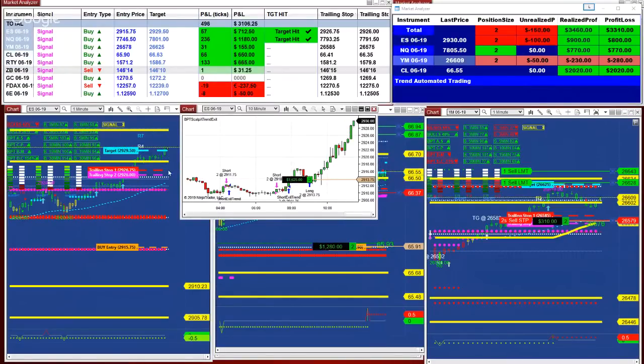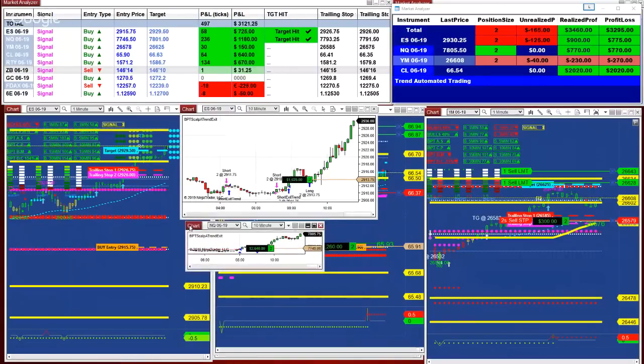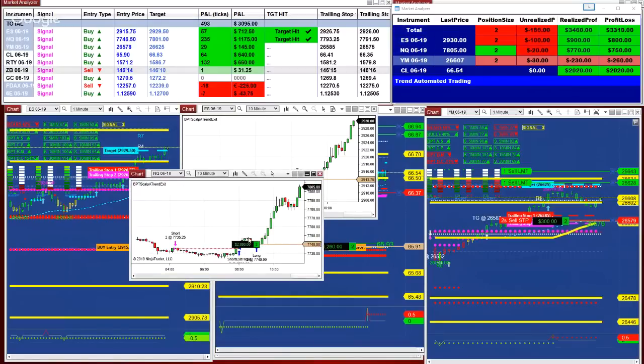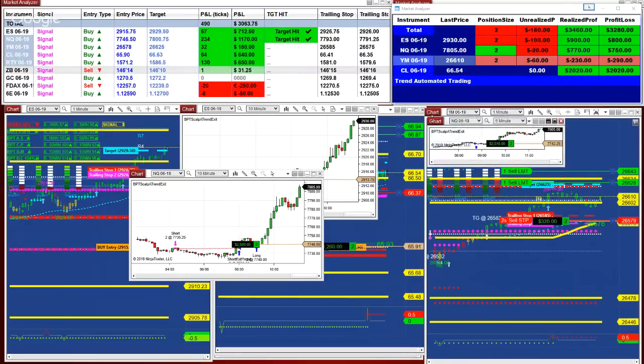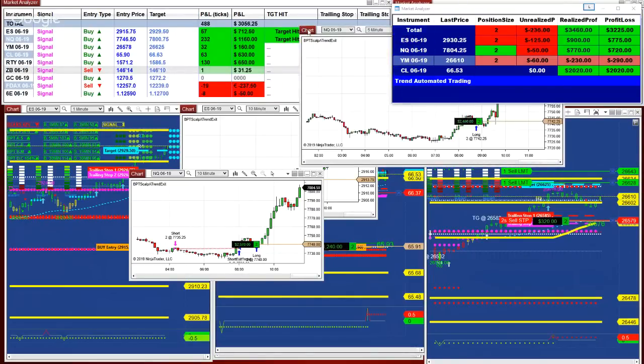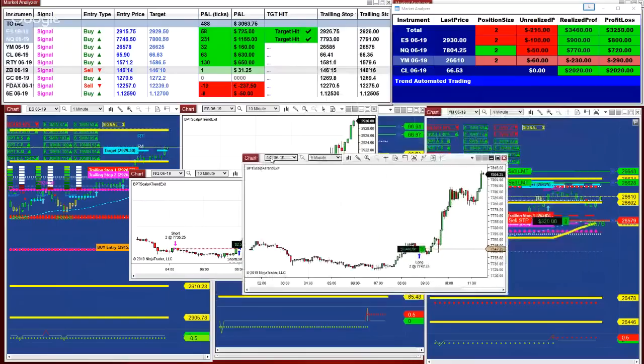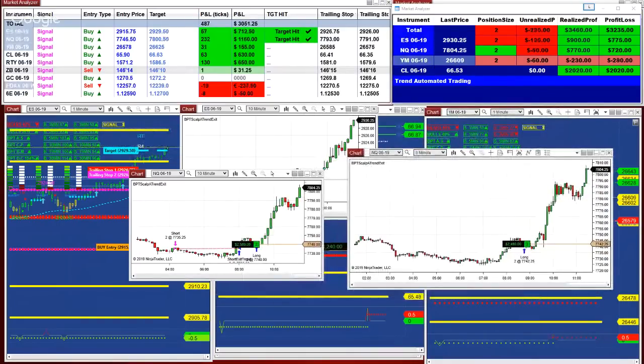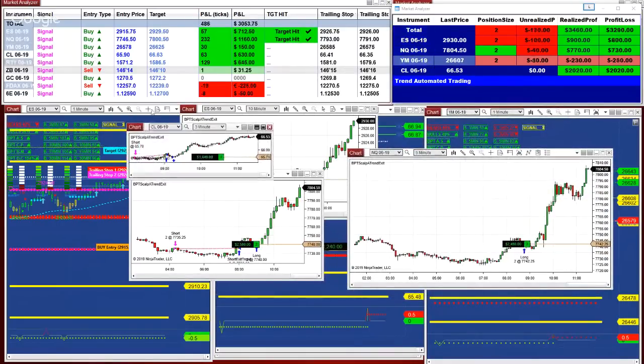On the 10 minutes, I want to show the bigger time frame. This is a 10 minutes. We have covered it. And this is the 5 minutes on the swing trading. And this is the 3.